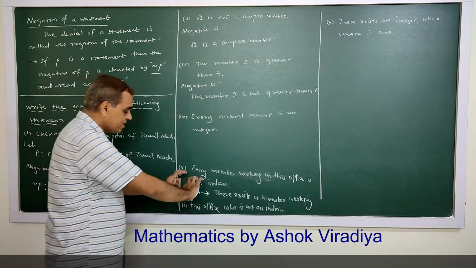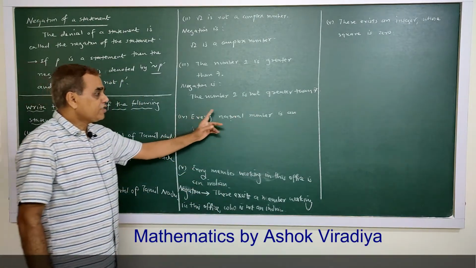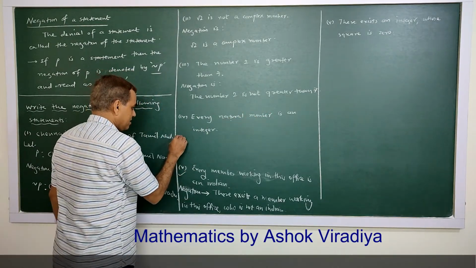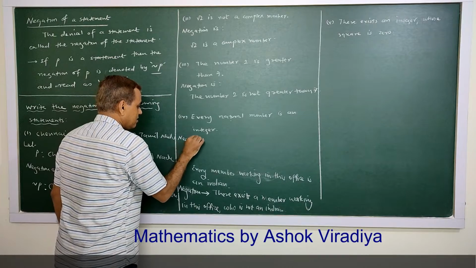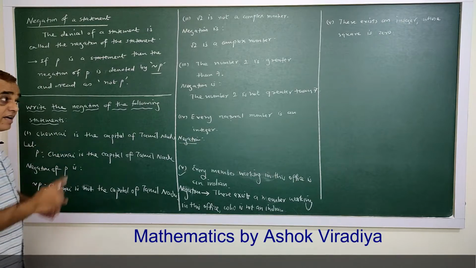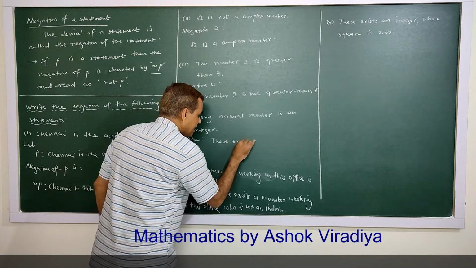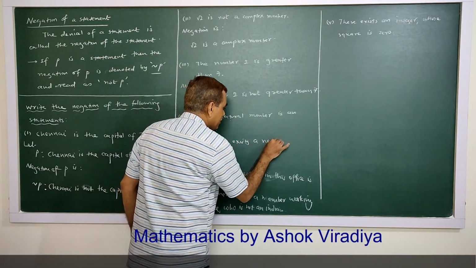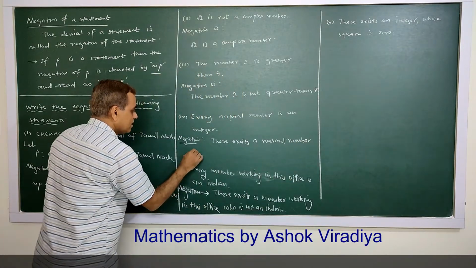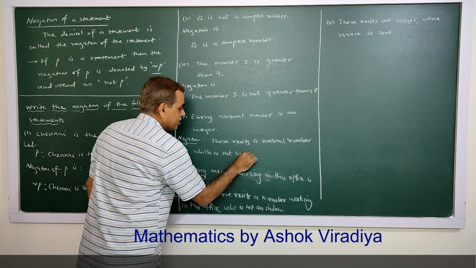Now after discussing this example, coming to this mathematical statement: every natural number is an integer. Its denial, or negation, is: there exists a natural number which is not an integer.